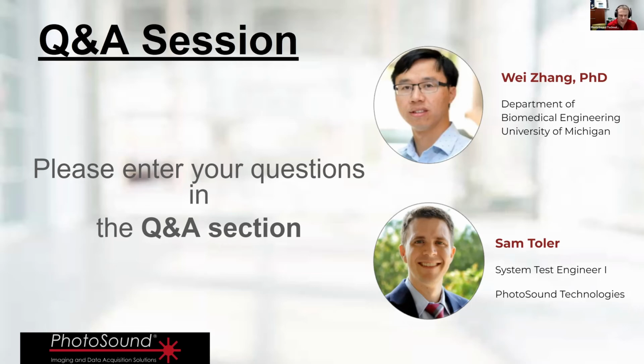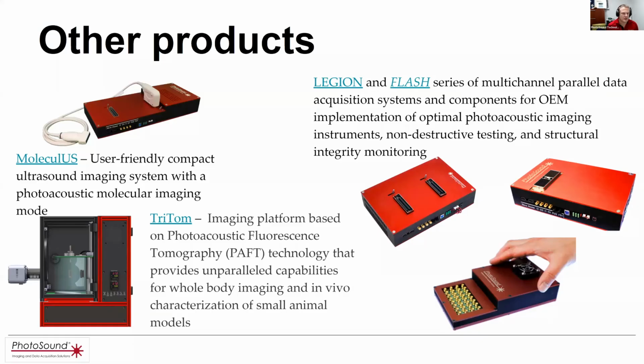The Moleculus system has 128 channels that can be switched between photoacoustic mode and pulse echo mode. There's a commercial system built into Moleculus in combination with our partner Telemed.